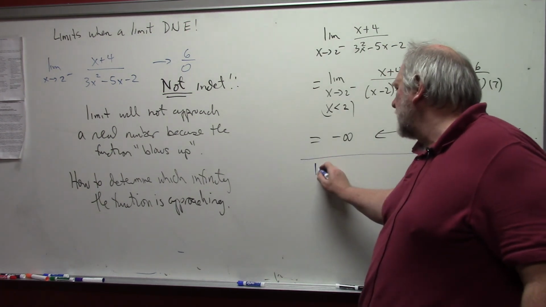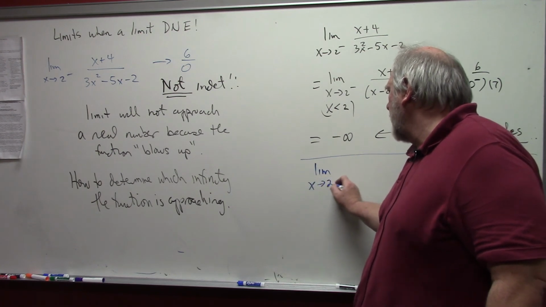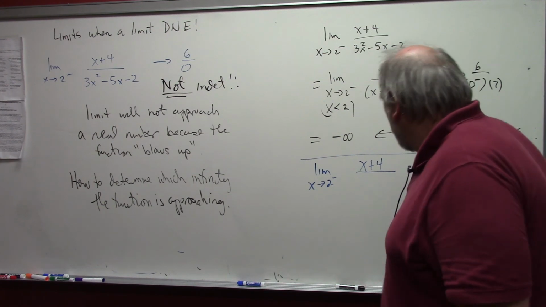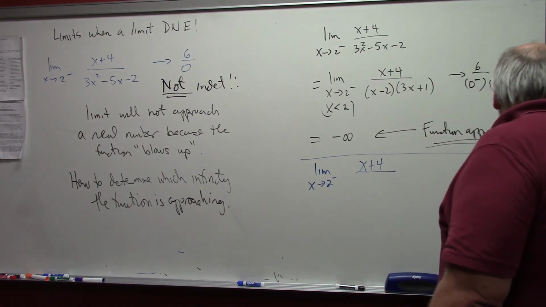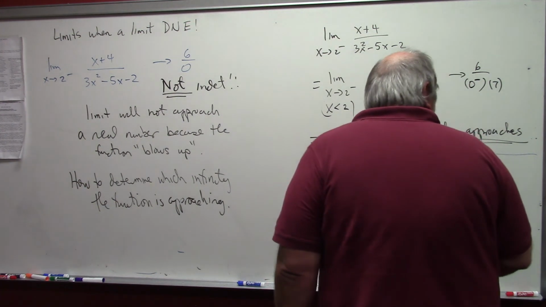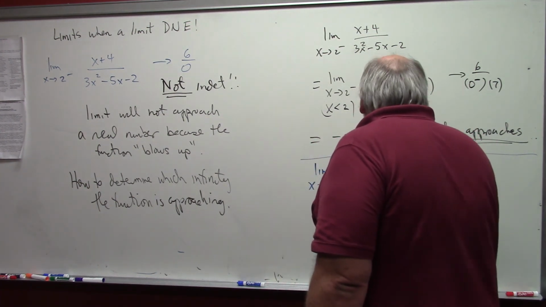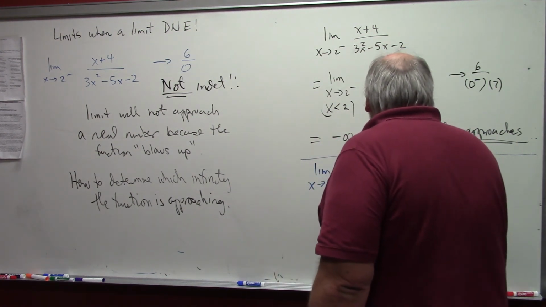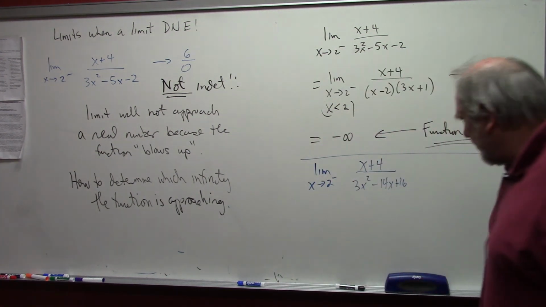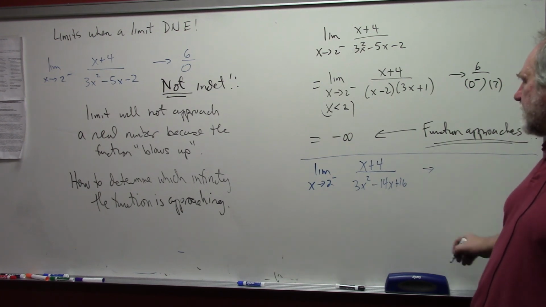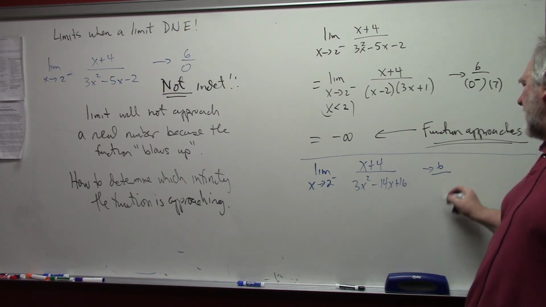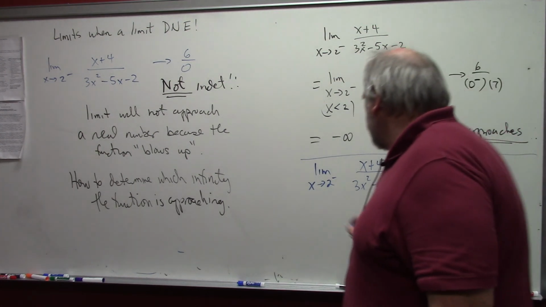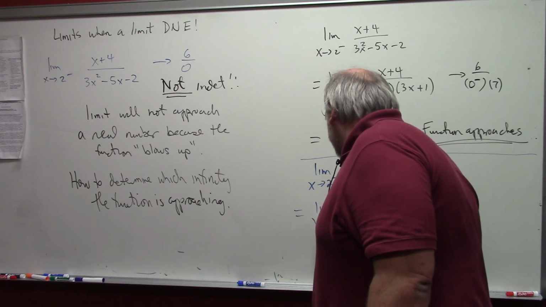Let's compare this to another very similar problem. x approaches 2 from the left of x plus 4, and I'm going to change my denominator this time to be 3x squared minus 14x plus 16. It's still, numerator is approaching 6, denominator is approaching 0. That part is the same, which means we will factor.